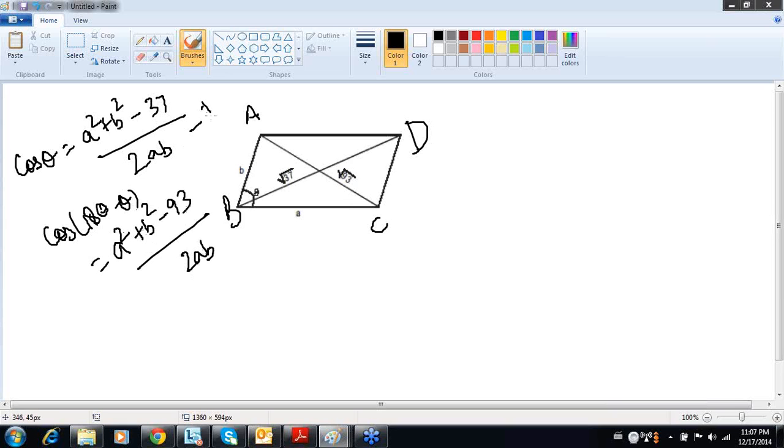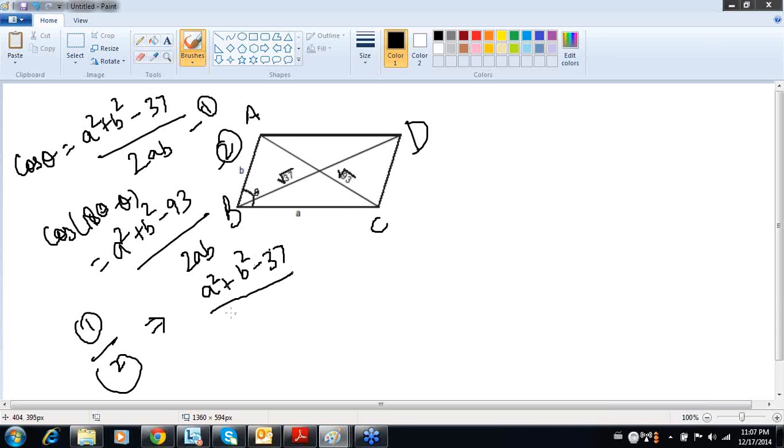Now we have equation 1 and equation 2. Divide equation 1 by equation 2. Which will imply a square plus b square minus 37 upon a square plus b square minus 93 will be equal to minus 1, because cos 180 minus theta will be minus cos theta.